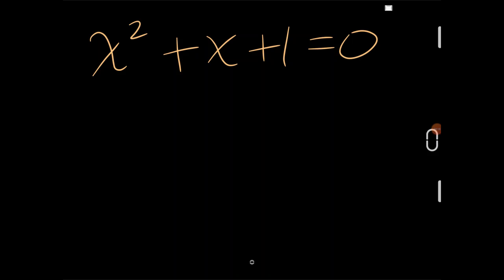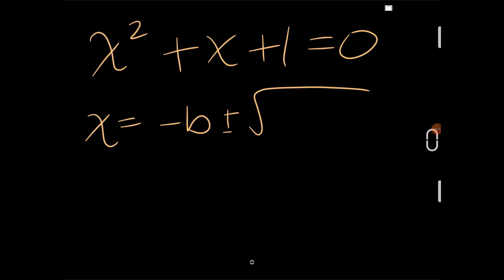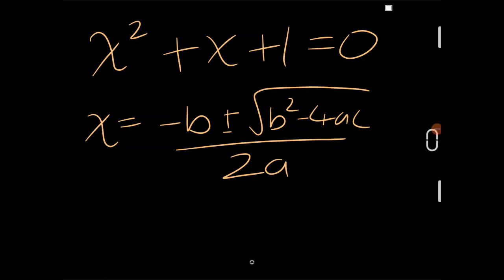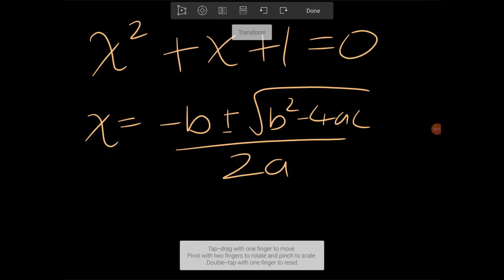Now if I ask you to find the roots, how will you find it? Let us use the quadratic formula. x is equal to minus b plus or minus root of b square minus 4ac divided by 2a.